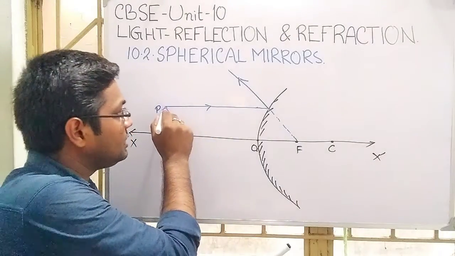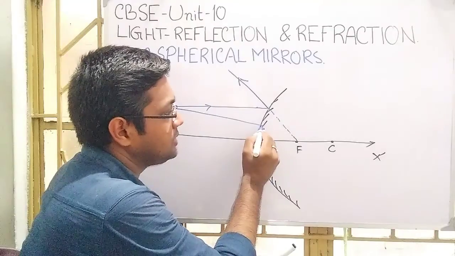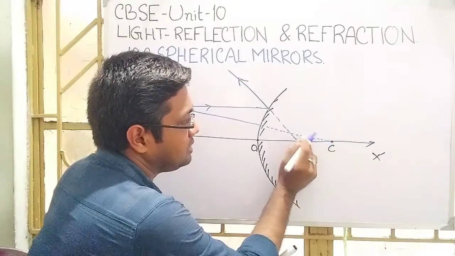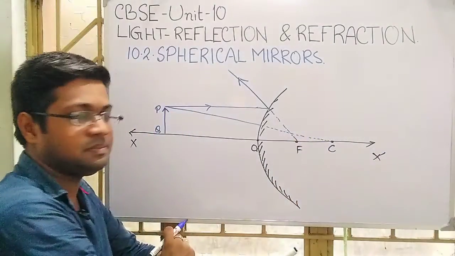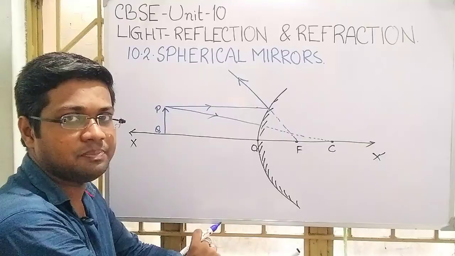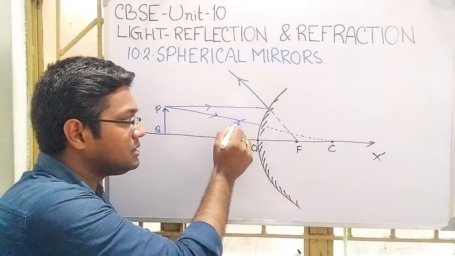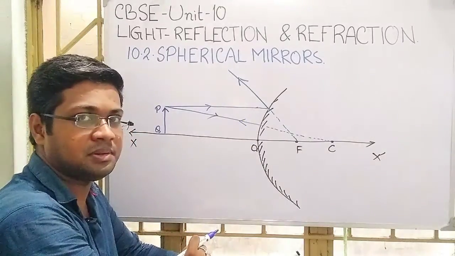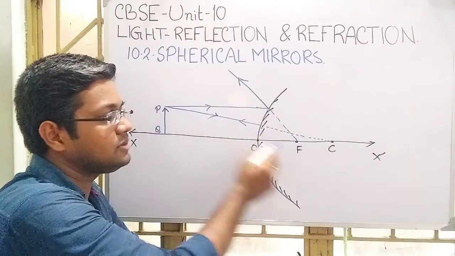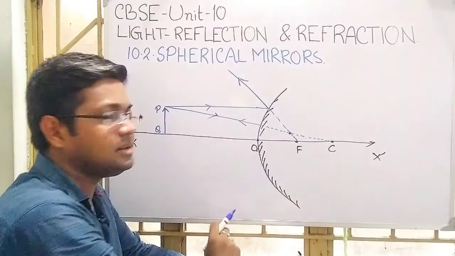Next, another ray is incident on the mirror normally. So obviously it is directed toward the center of curvature, C, and since it is incident on the mirror normally, it retraces its path. If we extend these reflected rays, they will meet somewhere here.